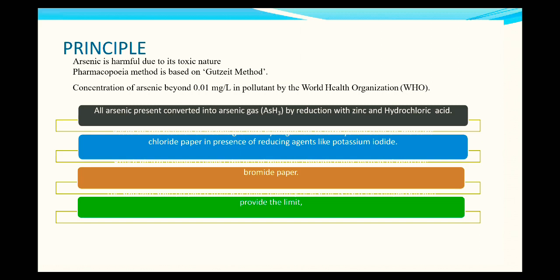All arsenic present is converted into arsenic gas, that is AsH3, by reduction with zinc and hydrochloric acid, based on the reaction of arsine gas with hydrogen ion to form yellow stain on mercuric iodide or mercuric chloride paper. British Pharmacopoeia suggests the use of mercuric chloride paper instead of mercuric bromide paper.